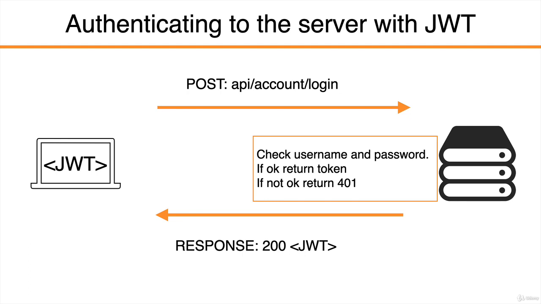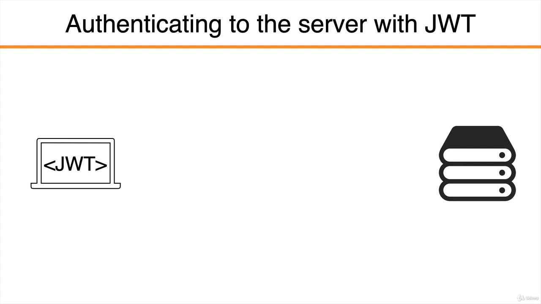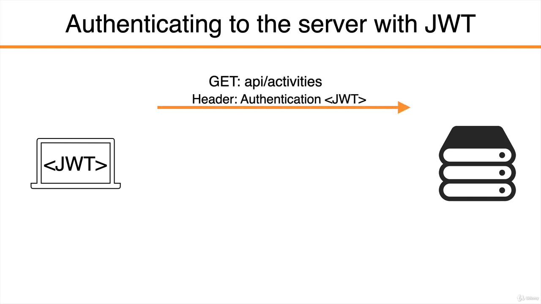So after they have a token, the next stage is for them to pass the token to the server. And we pass the JWT token with every request that we require authentication on. The token itself gets sent inside an authentication header, and we pass the token up as a bearer token to the server.